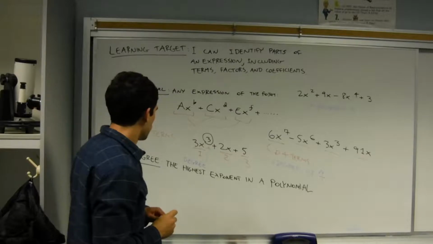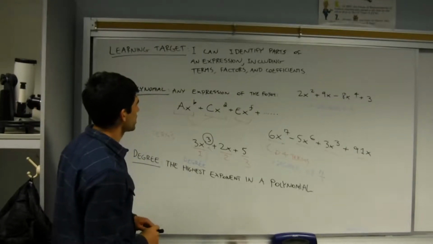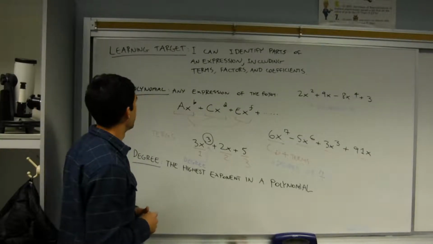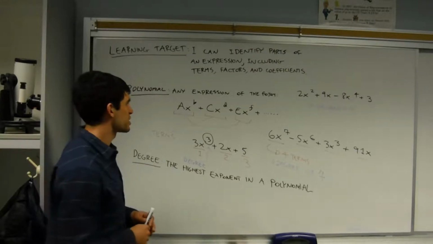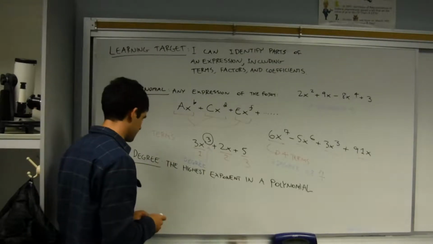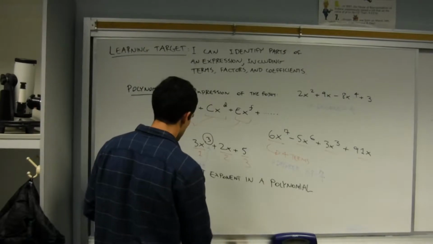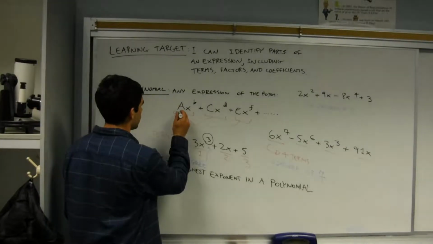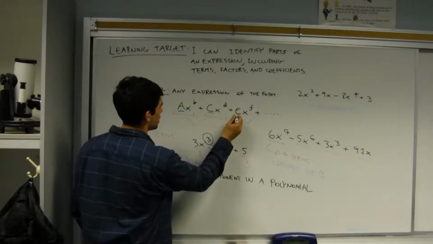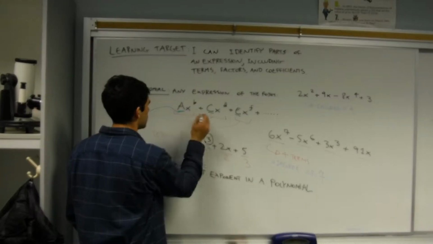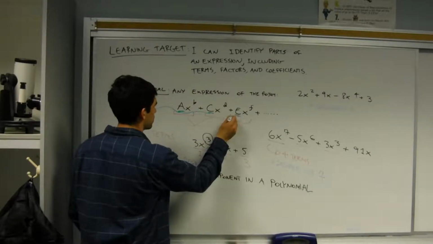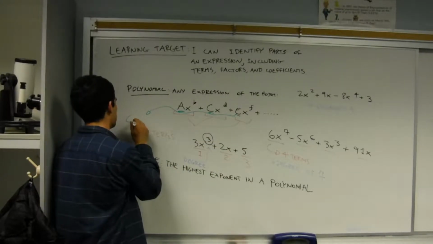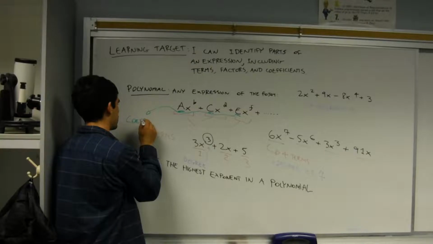And then one last component of a polynomial expression is the coefficient. The coefficients of a polynomial expression would be the a, the c, and the e. These would collectively be known as our coefficients.